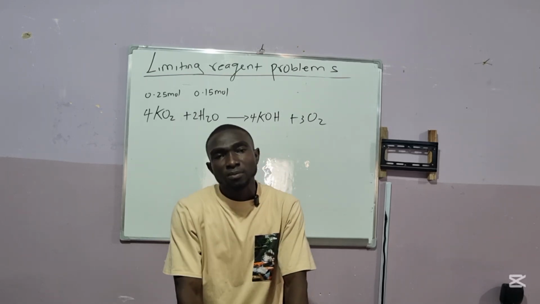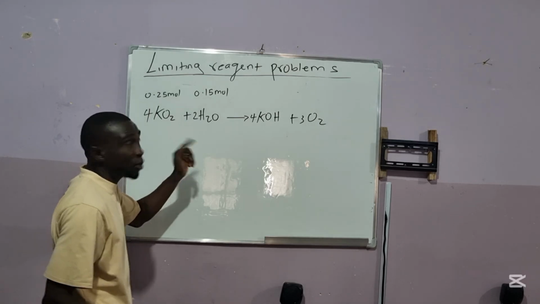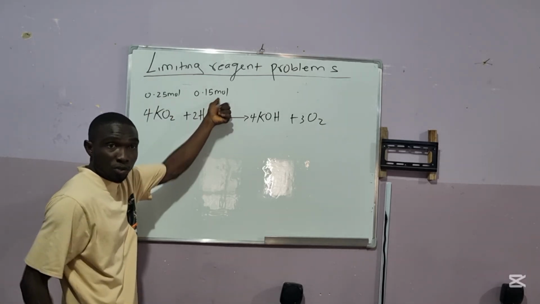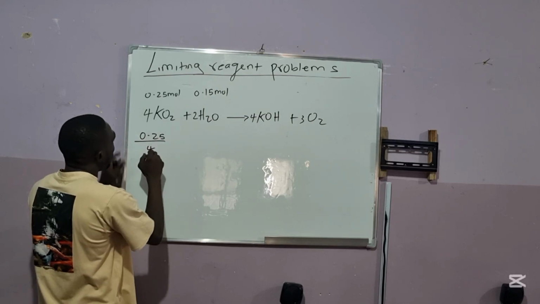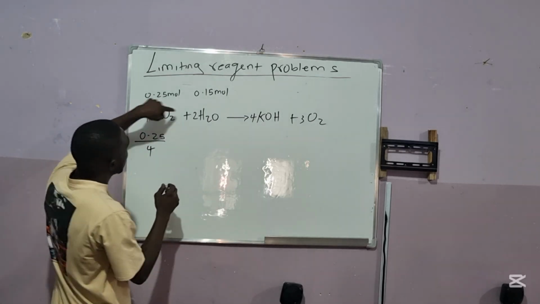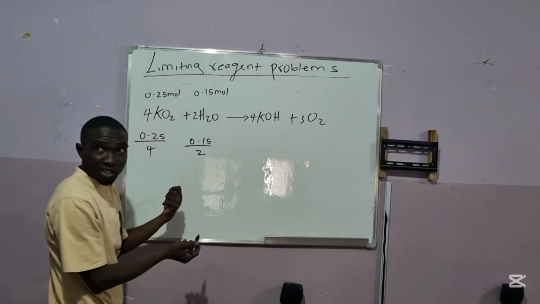So in this case now, I'm going to be dividing by the coefficient only, because I have my quantities in moles. So I have 0.25 all over 4. That's my coefficient, right? And 0.15 all over 2. Now check this out.